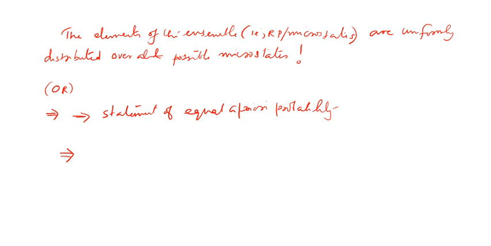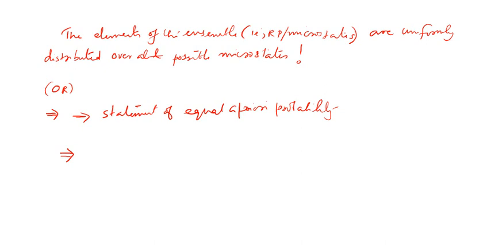So let me conclude this session saying that Liouville's theorem actually justifies the statement of equal a priori probability. We will be using Liouville's theorem in the discussion of the flow of representative points in phase space.